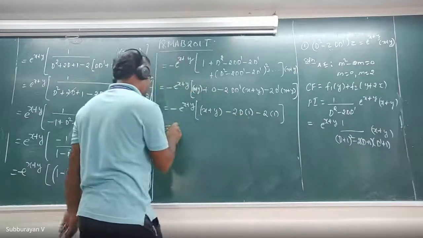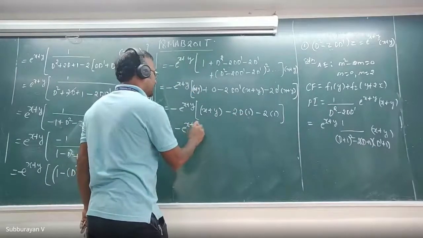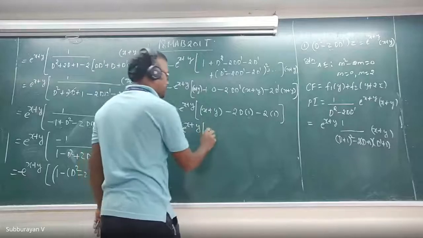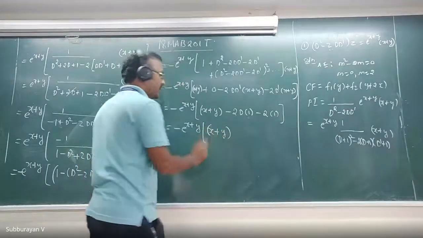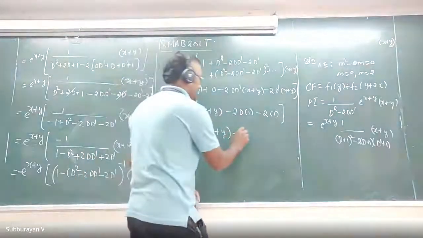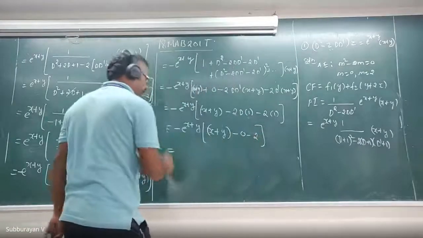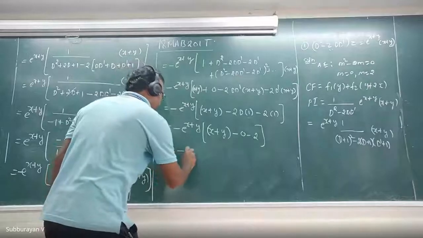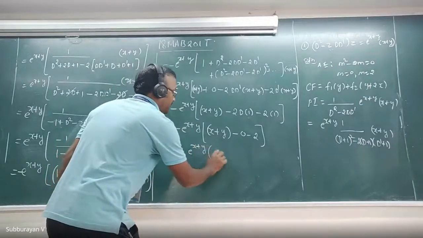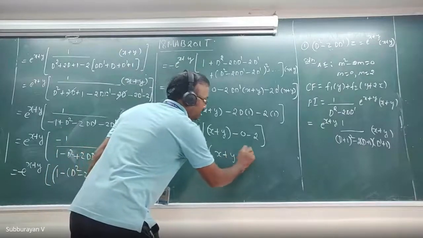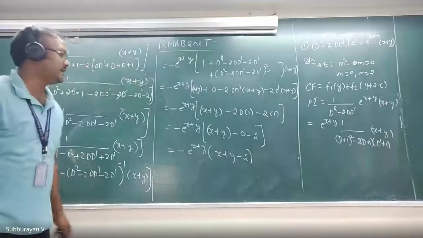Therefore, this is equal to minus e power x plus y into x plus y, and this is 0 minus 2. So the required particular integral is minus of e power x plus y into (x plus y minus 2). This is the required particular integral.